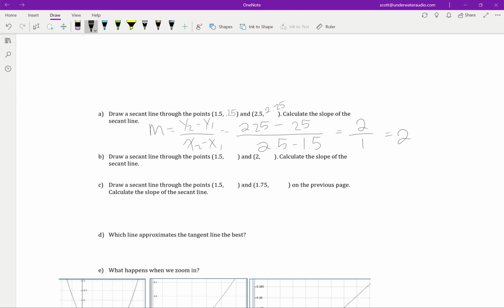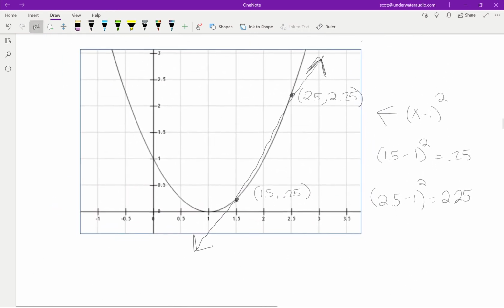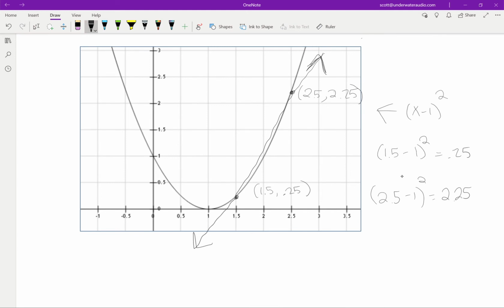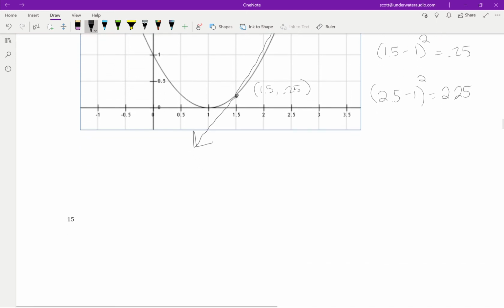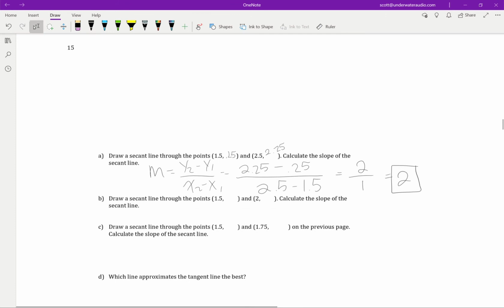So I get 2. Interesting. So my approximation is that around here, around 1.5, the slope is around 2. It's close to 2.